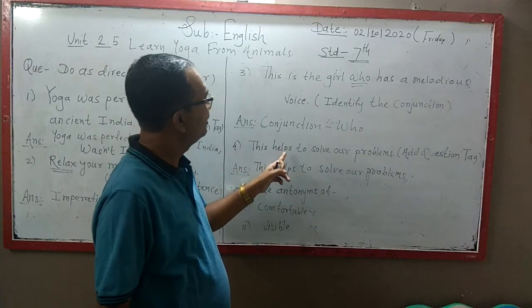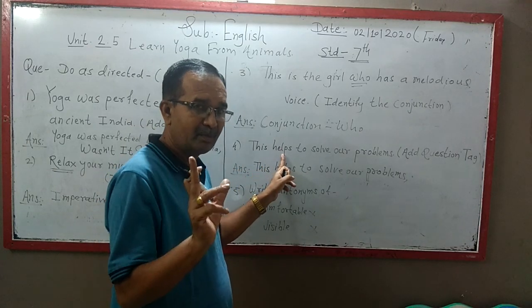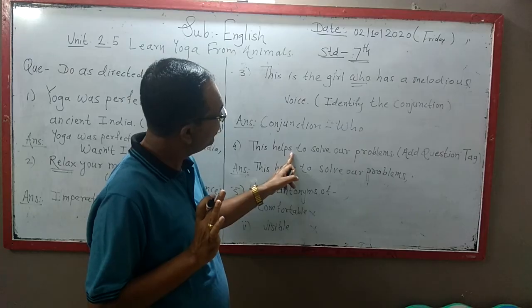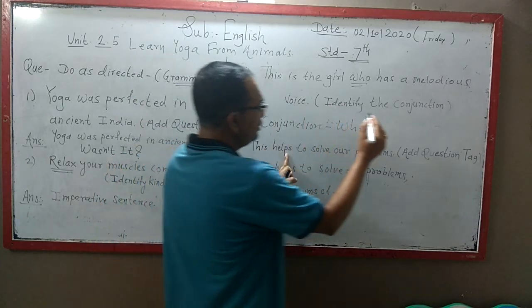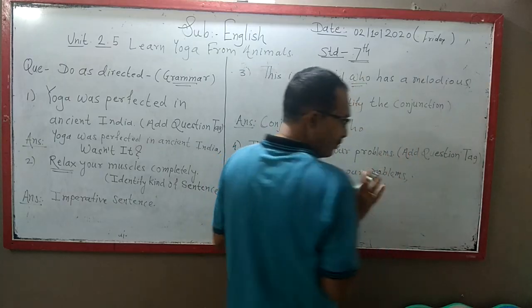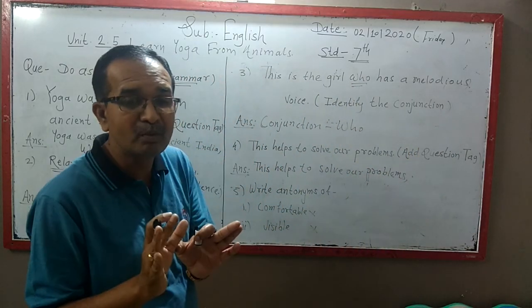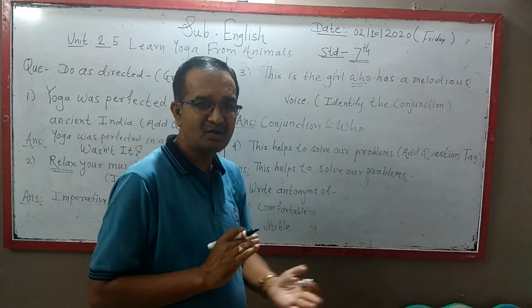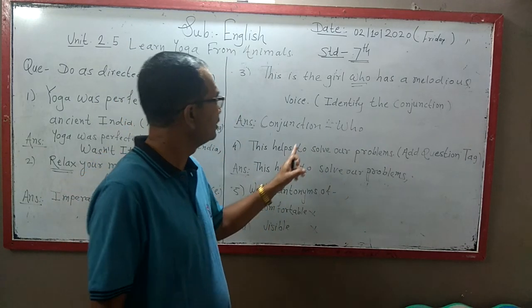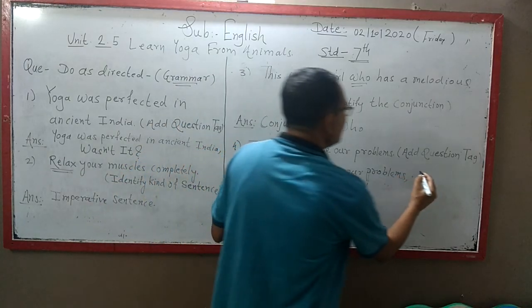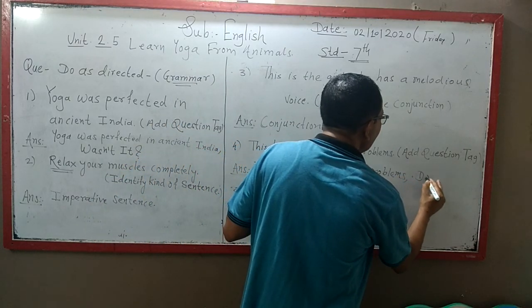Here in this sentence, helps is a verb. Actually help is the main verb, but it has the suffix s added. It becomes helps. So when the verb is the main verb, you have to use do. When the verb is in past tense, you have to use did. If the verb has the s suffix, you have to use does. Why does?